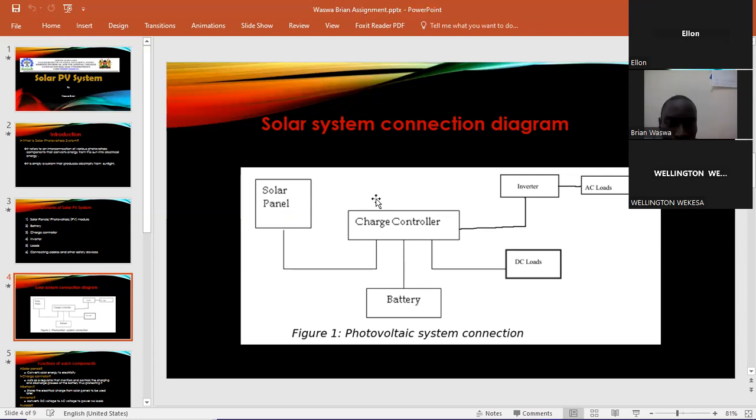When you look at our figure, you see that the solar panel is connected to the charge controller. From the charge controller we have a battery also connected and the DC load. And the final one is the inverter, which is used to power the AC load. So this is a typical block diagram of a solar PV system.